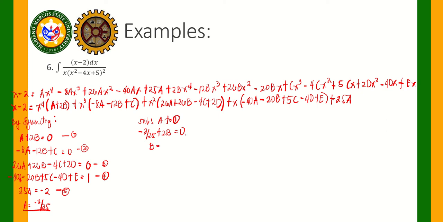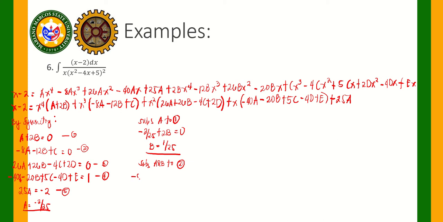Solving for B, manipulating this equation, you will have value of B equal to 1 over 25. Okay? So from there, we substitute A and B to equation number 2. Okay, equation number 2 so that we could solve for the value of C.